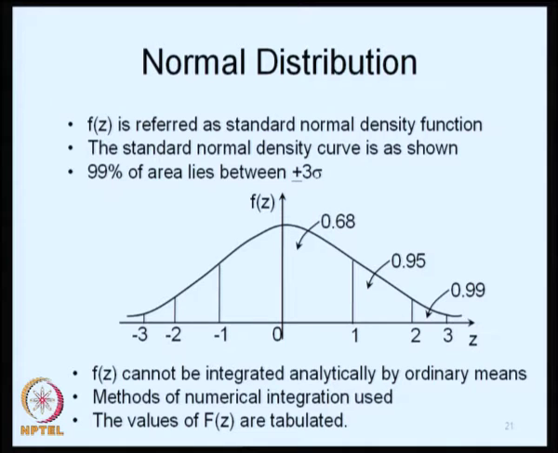Now, because as I said f(z) cannot be integrated analytically by ordinary means, we use numerical integration and then tabulate the results for various values of z. We tabulate the area under the standard normal curve or the standard normal density function.